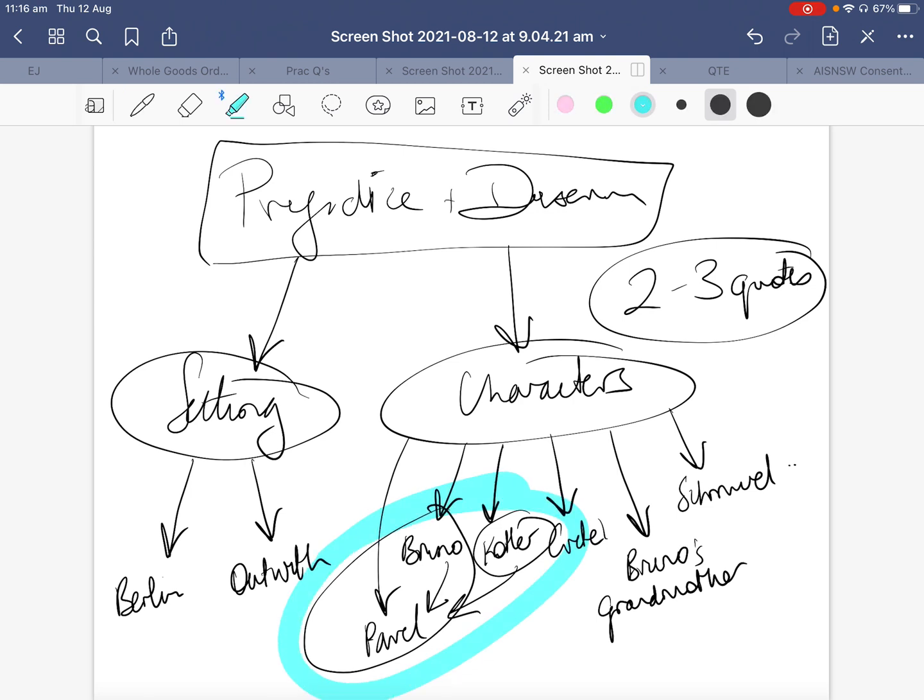Okay, you could also talk about how, and remember I said this was quite a sophisticated thing to do, how prejudice and discrimination is reflected in the setting. And you could do a comparison of Berlin and Auschwitz and how what Germany was like before the Nazi Party was in control, and how there was not so much prejudice and discrimination.